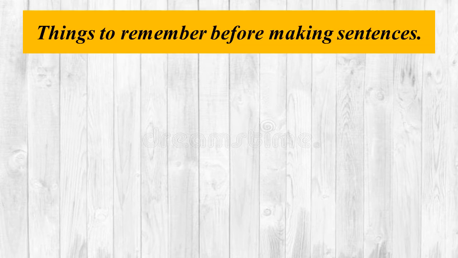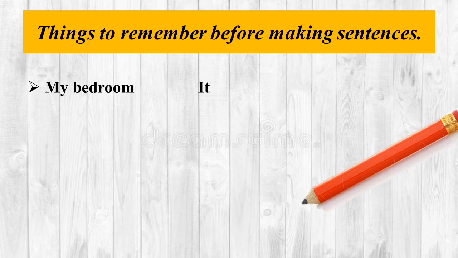Okay, dear students, इससे पहले कि आप पैराग्राफ लिखें, I want you to remember few things. They are very important. कुछ बातें आपने याद रखनी है और गौर से सुननी है. Let's see what they are. My bedroom, we use it for my bedroom.